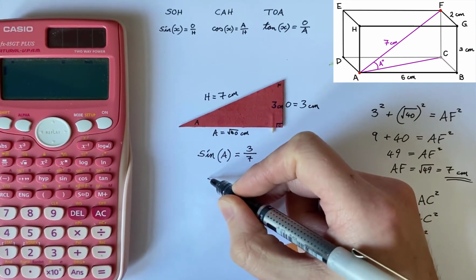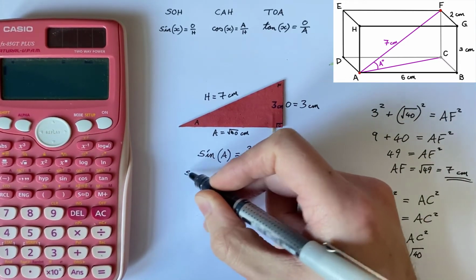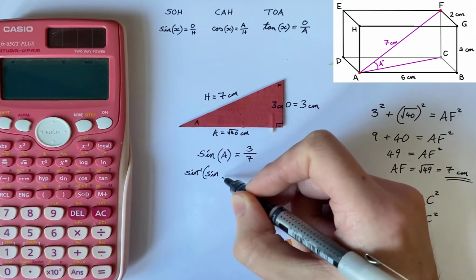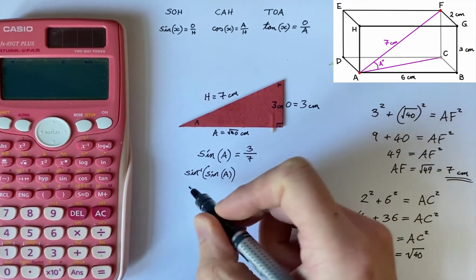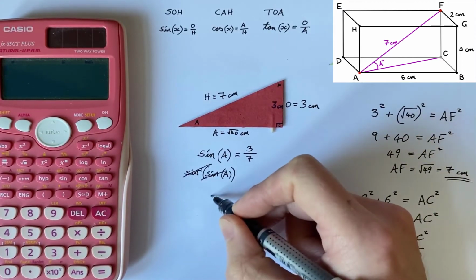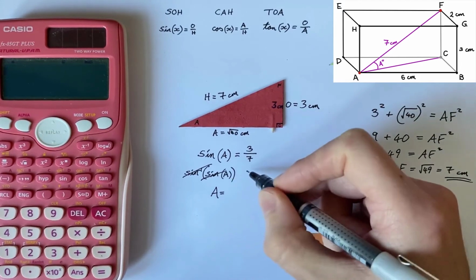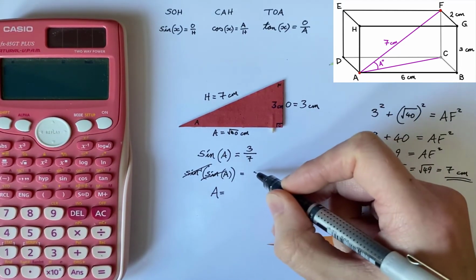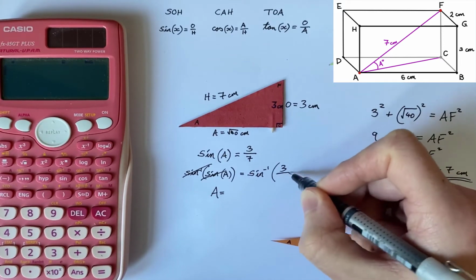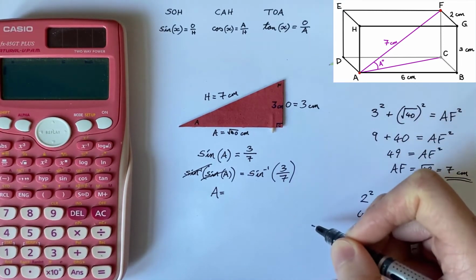And so to find out A on its own, I use the inverse sine function, which will cancel out the sine function and just leave me with my A. But what I do to one side of an equation, I have to do to the other. So I do the inverse sine of the 3 over 7.